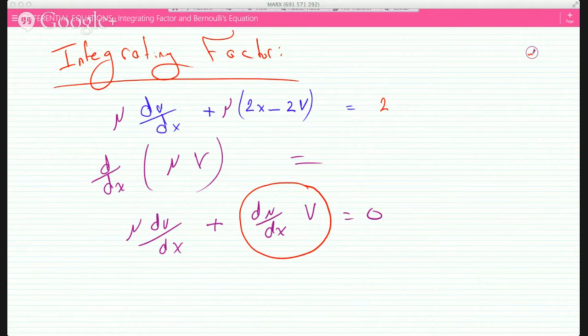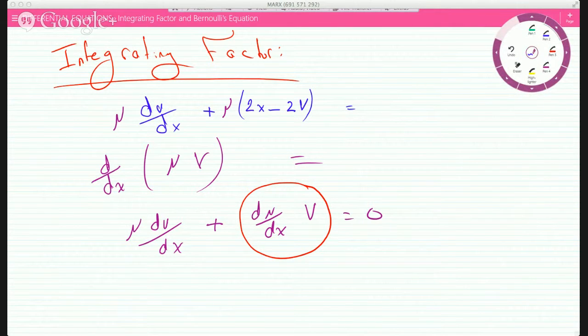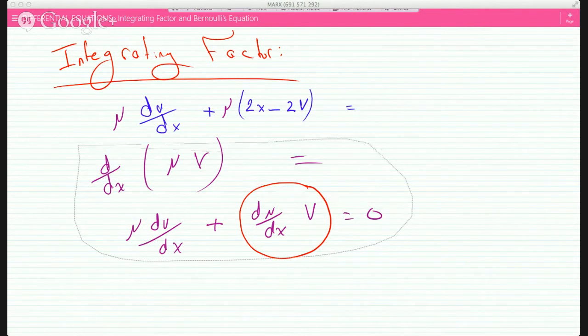Okay. Yeah. Let's move the 2x here. So let me put it in the standard form first.